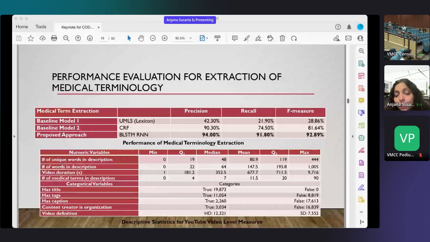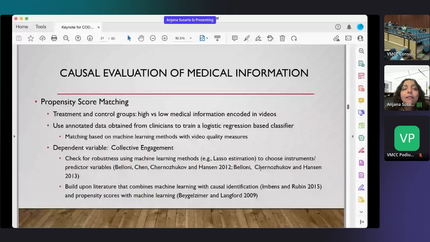Then we did a second round where we worked with doctors. We can use annotated data. We can have clinicians watch a video and say, is this medically relevant or not? And we can use the number of medical terms as a feature obtained from the BILSTM model.